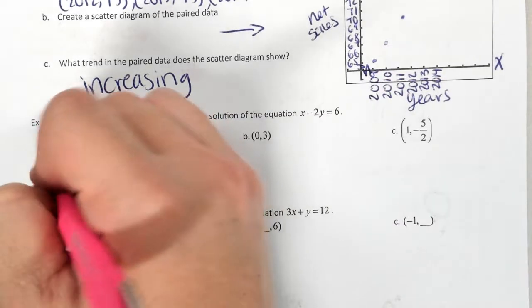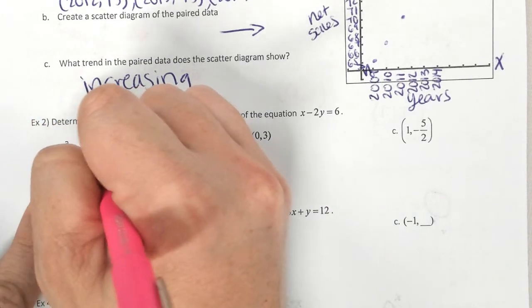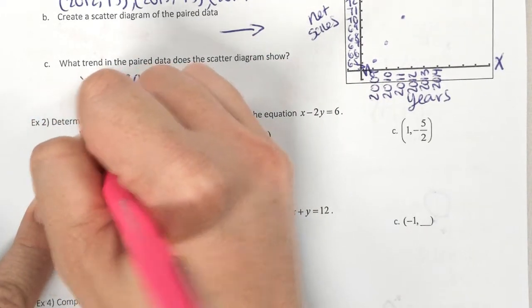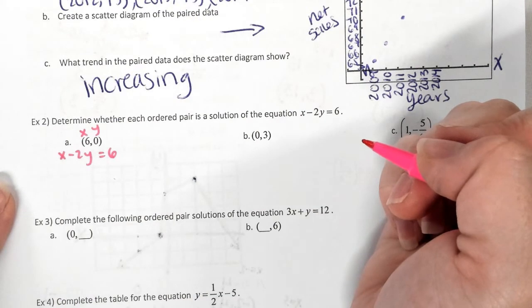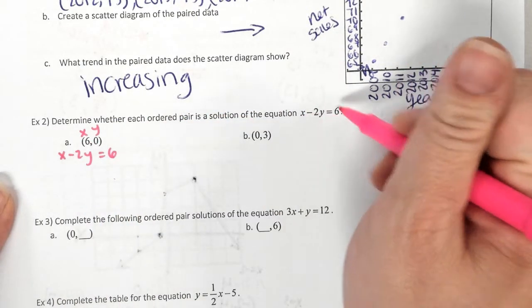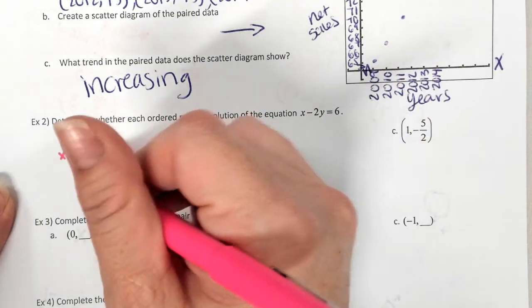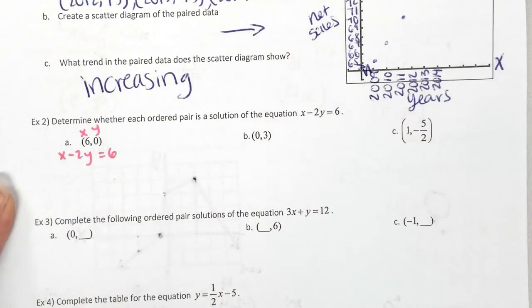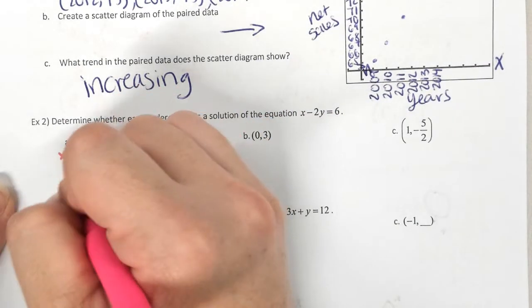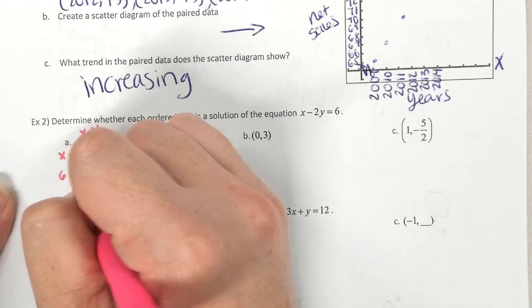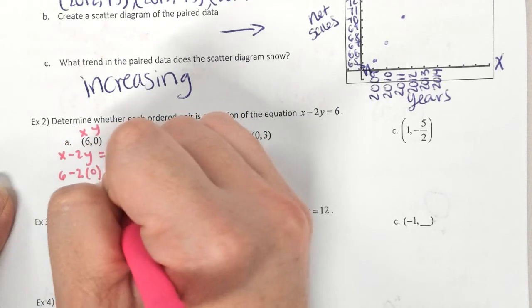So I'm going to write my equation x minus 2y equals 6, and I'm going to plug in my x and my y. If it's a solution to this equation, then it's going to make a true statement, correct? Yes. So 6 is my x, minus 2 times 0 is my y, equals 6.